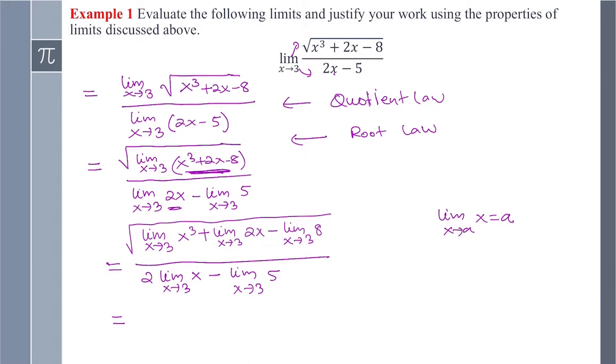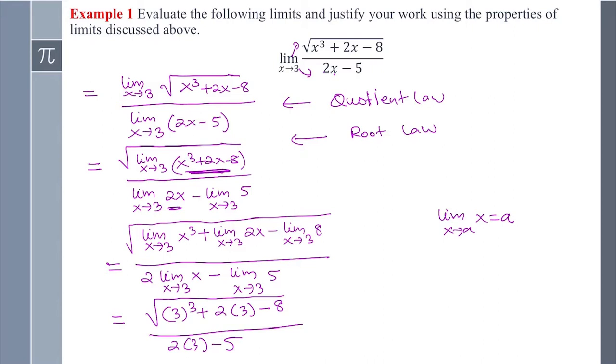So for the first one, if I use the power law, I can just plug that 3 in for x, and I can write 3 cubed plus, for this one, it's 2 times, and I can plug in 3, minus this is just 8, and everything is inside the square root, divided by, same thing here, 2 times, I can plug in 3, minus that limit is 5.